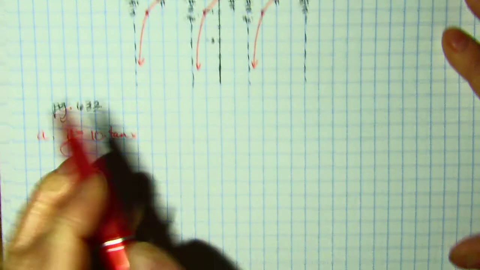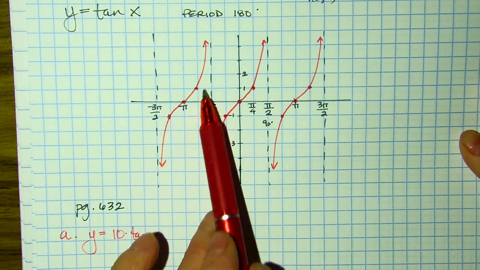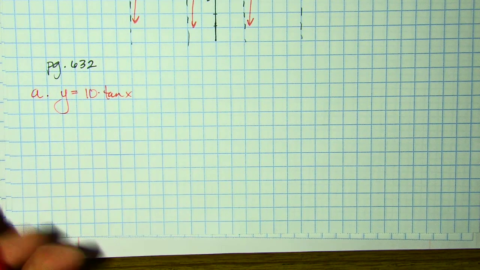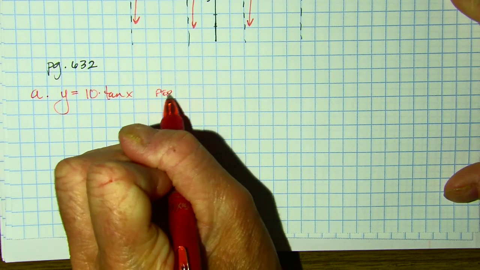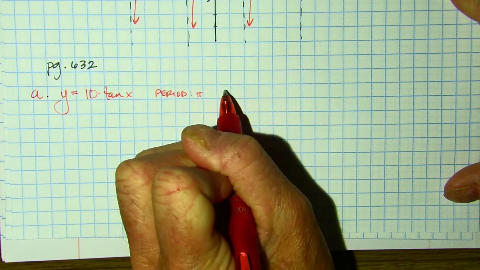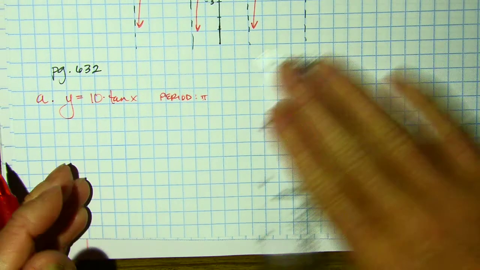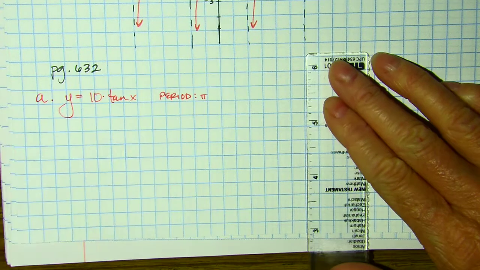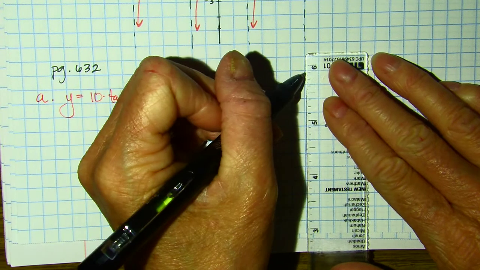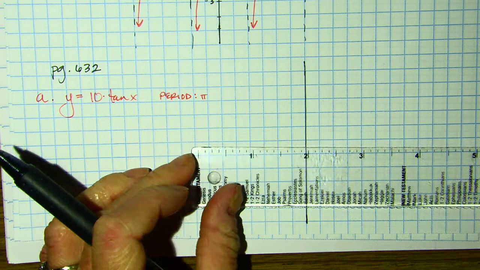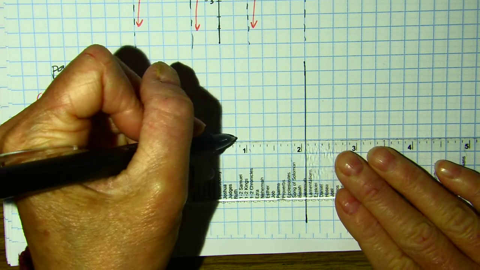That's going to affect where I put these first points. But it has not been shifted to the left or to the right, and my period is still pi. So I like to cut that in half, and so that'll be each side. And so I'm going to put my graph over here. I should have left myself more space, but oh well.